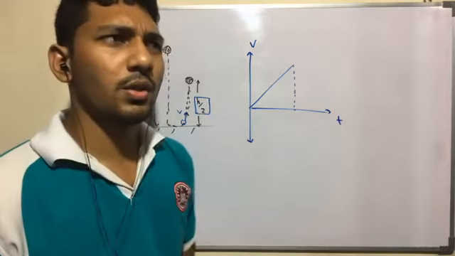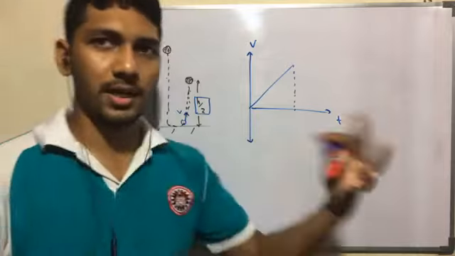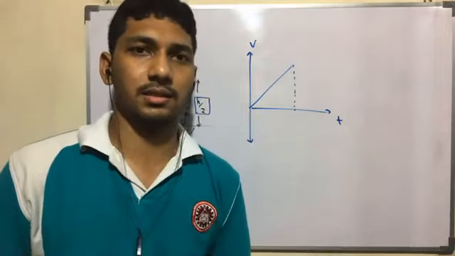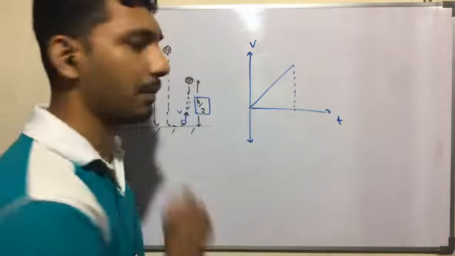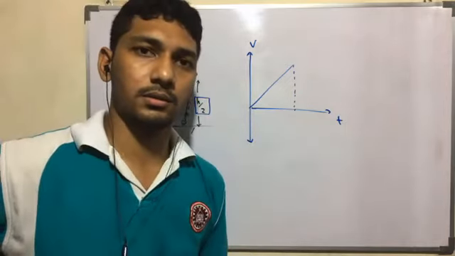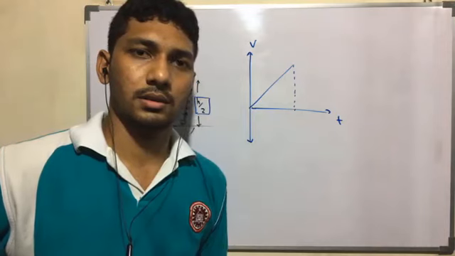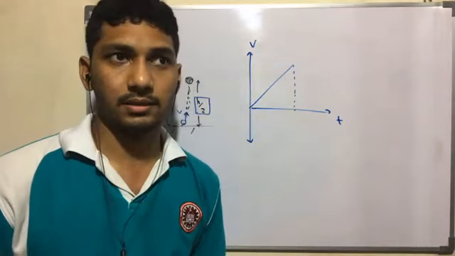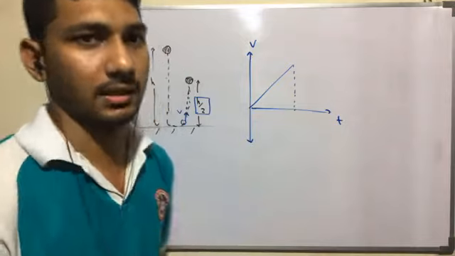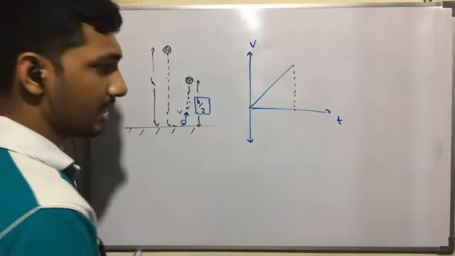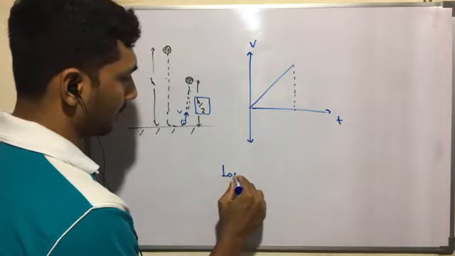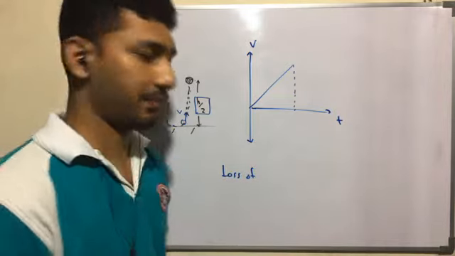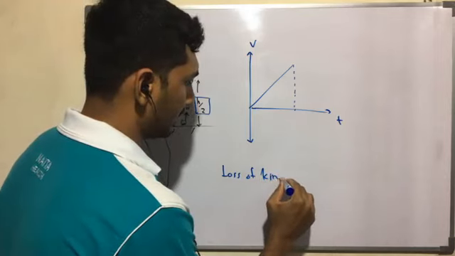As you have studied all the theory, can you tell me what kind of collision this is? What kind of collision does it perform with the floor? Inelastic collision. Very good. So there is loss of kinetic energy.